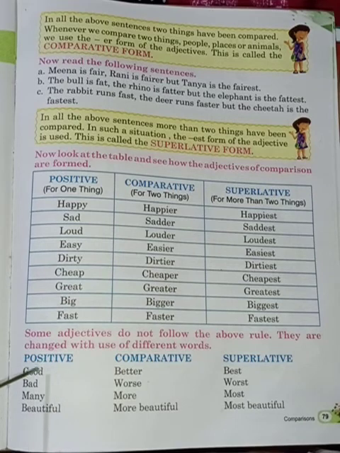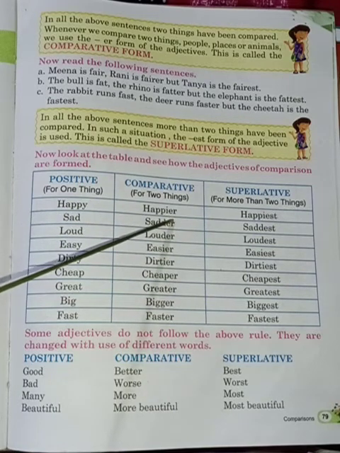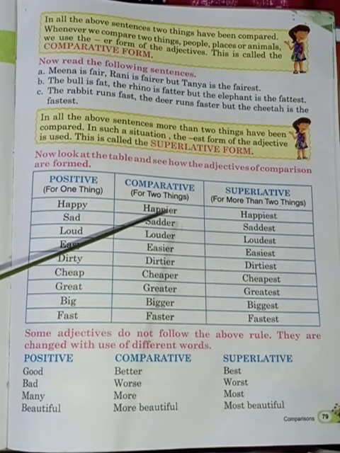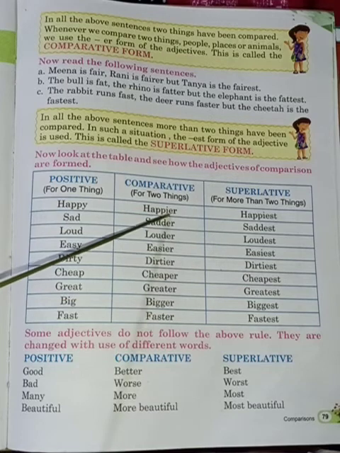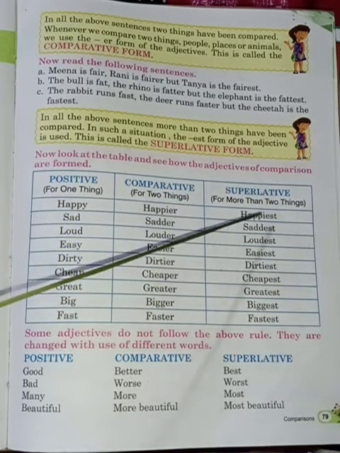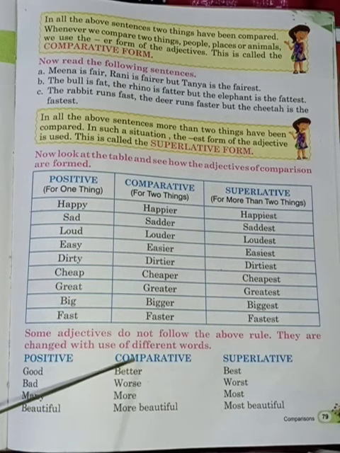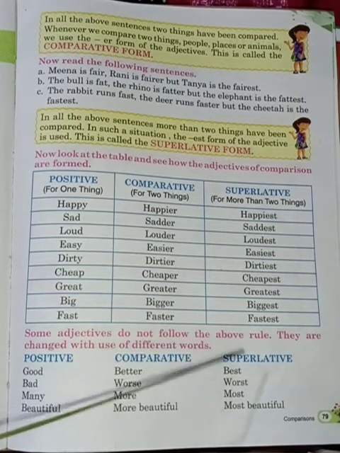In positive we see good means अच्छा. Comparative it is different. Above we had seen happy, then it became happier. There only er or sometimes ier is added, and in superlative iest. But here it is different, we can see. In comparative, for good it is given better, then superlative best.